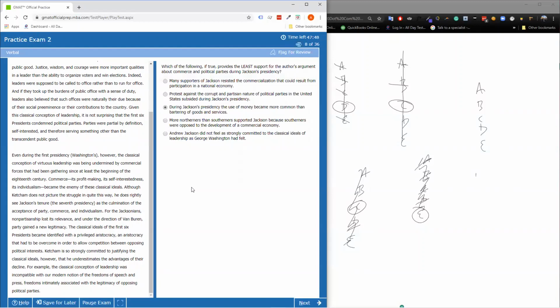Huh? I don't think this has anything to do with anything. Northerners and Southerners supported Jackson because Southerners were opposed to the development of a commercial economy.